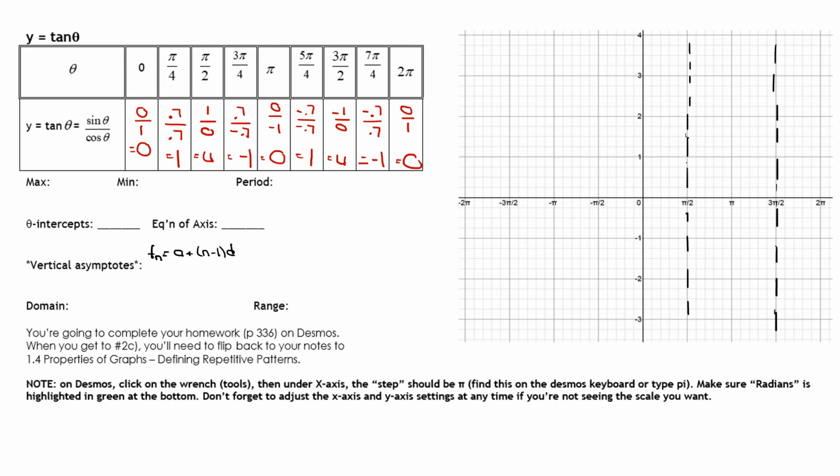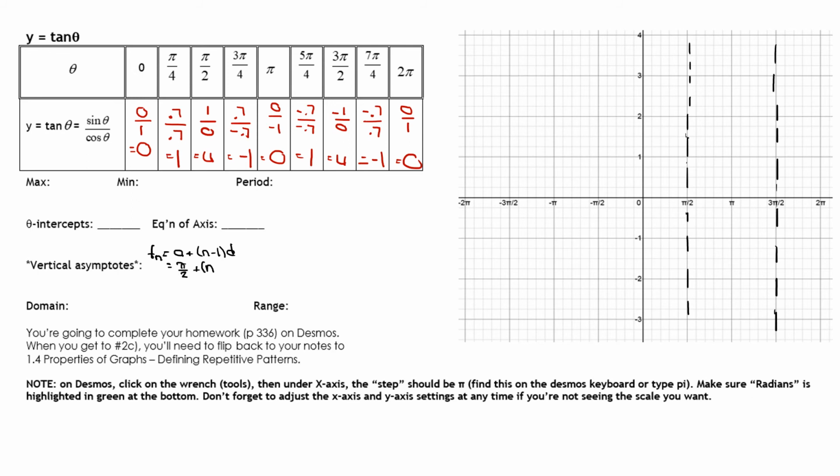So I'm going to come up with a general formula to show where all of the vertical asymptotes are. My first one, a stands for my first one. Usually you can pick anything because these are infinite, but I'm going to use the first positive asymptote I have, which is pi over 2. That's the location of my first vertical asymptote.